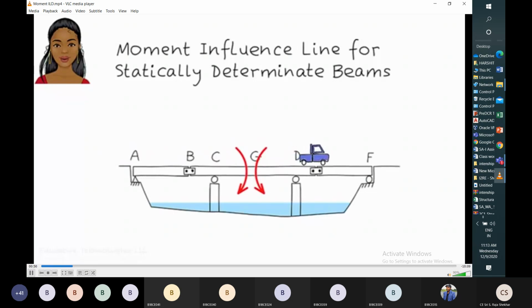Same. If the vehicle is at E, the bending moment at G is sagging bending moment, which is maximum. When the unit point load is in the region E to F, the bending moment decreases, and it becomes 0 when the unit point load reaches the F location.